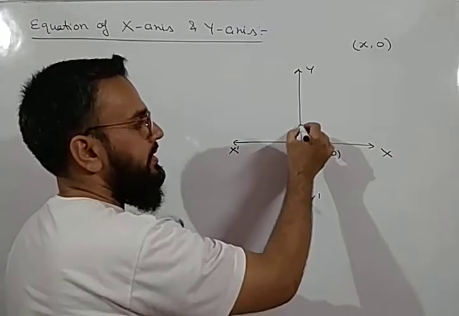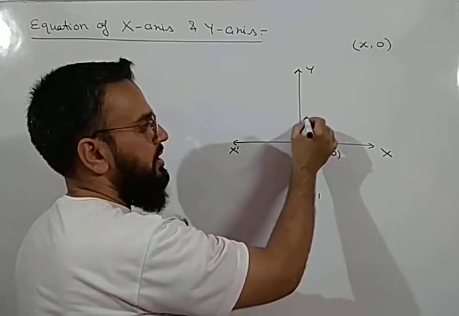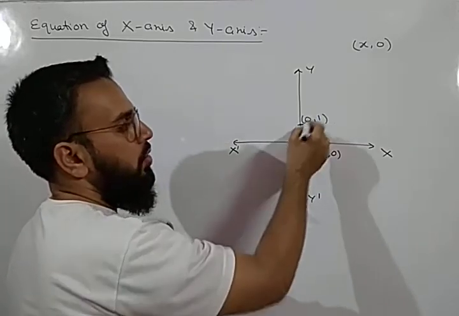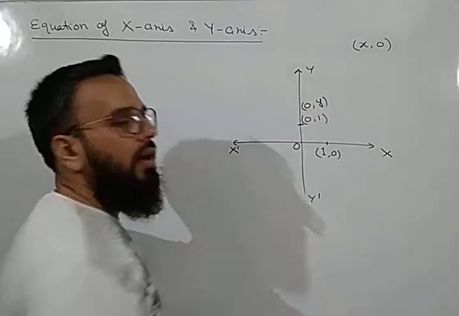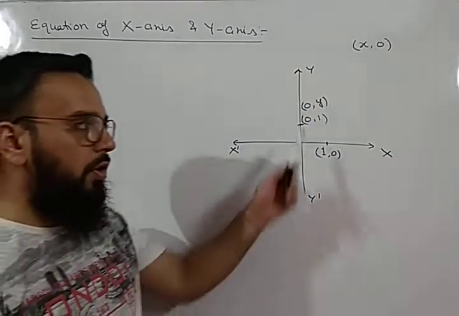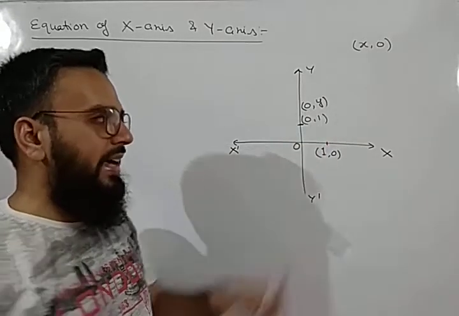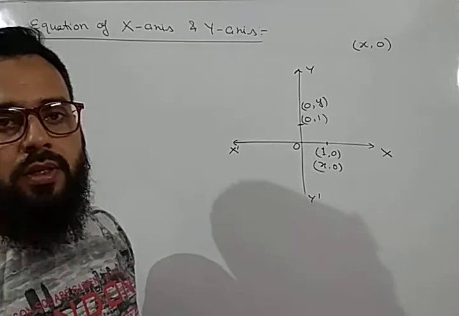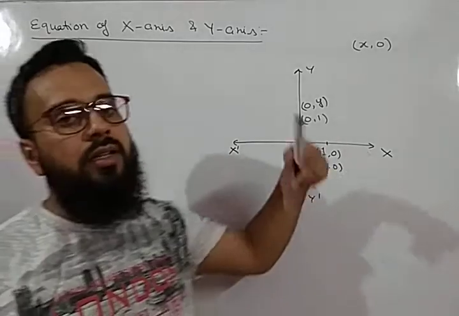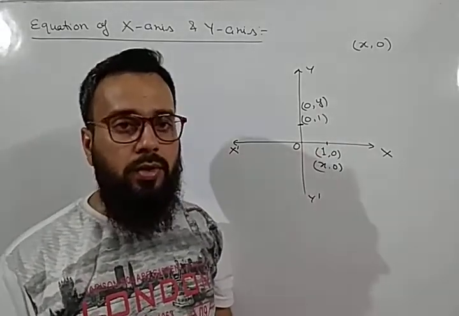Similarly, on y-axis, suppose we consider this point (0, 1). Every point on y-axis is represented as (0, y). The ordered pair is of the form (0, y), and on x-axis the ordered pair is of the form (x, 0). We have discussed all these things in coordinate geometry also.